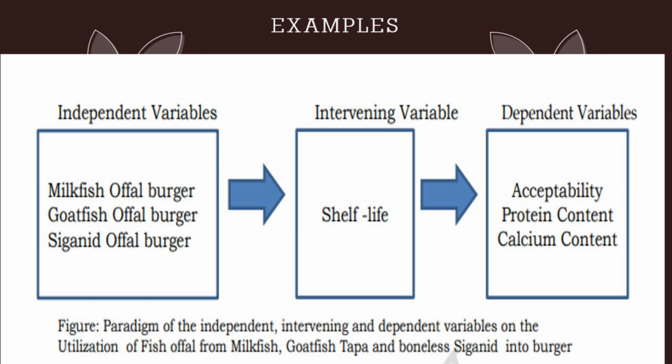For example, in the diagram, lines are used to show relationships between or among the variables. Arrows are used to show the effect of the independent variables on the dependent variable. Each of these lines or arrows represents a hypothesis.